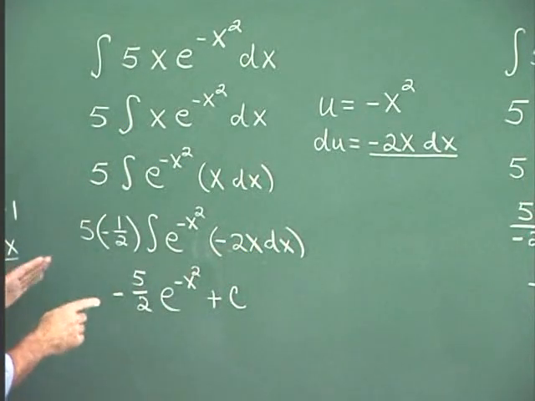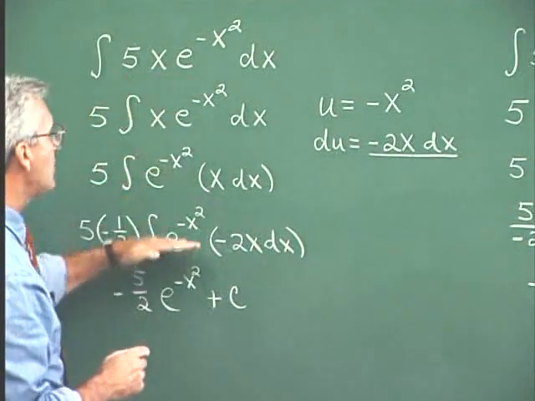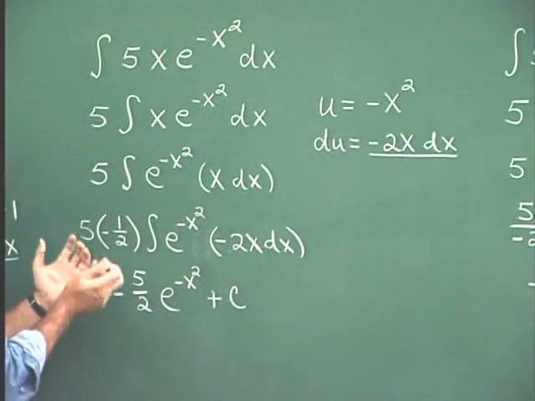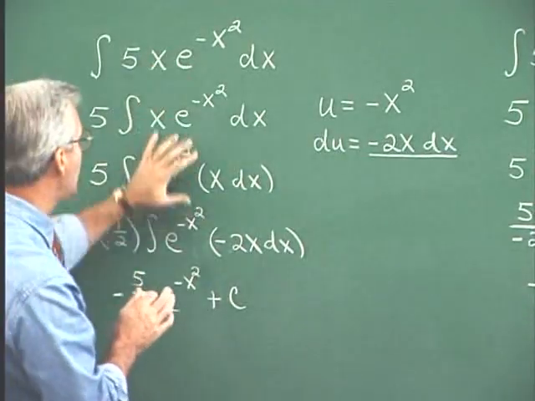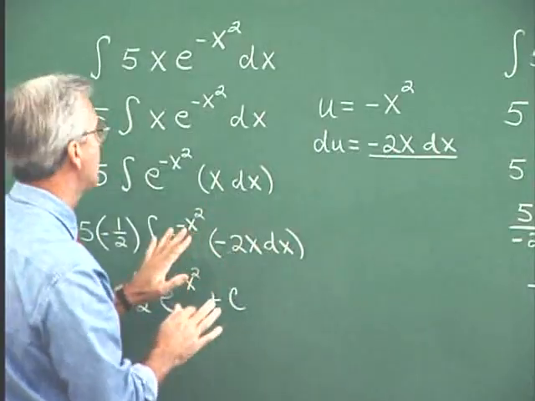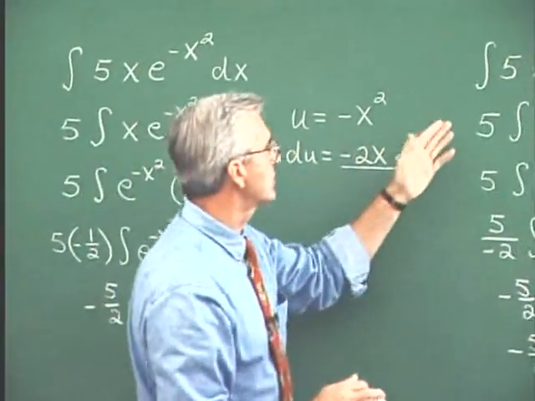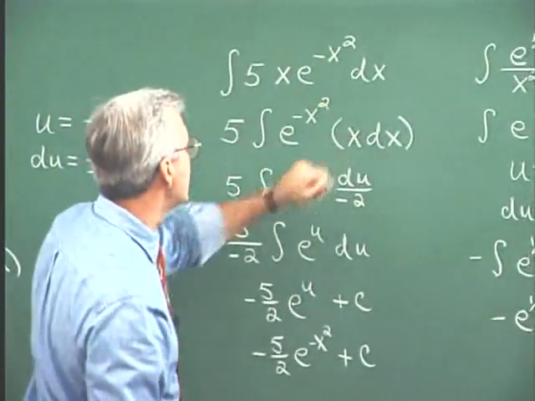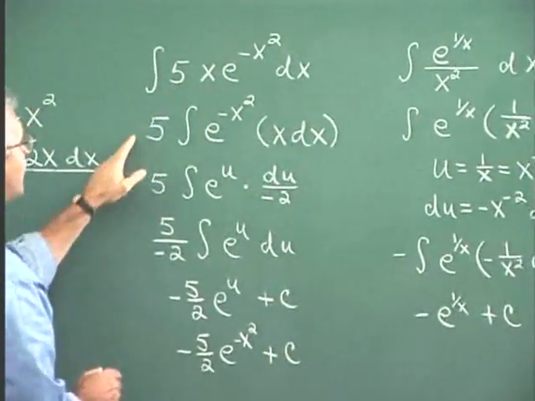Now there's another way to proceed here, and some people prefer to make an active substitution. Let me go through the process with the same problem and just step through the logic pattern for that. We start in much the same way. We have 5x e to the negative x squared dx. We snag out the 5 right quick.